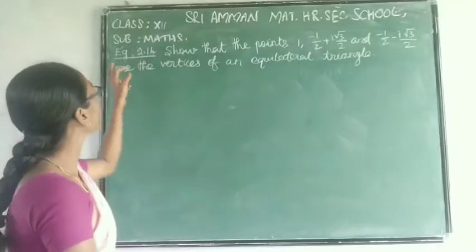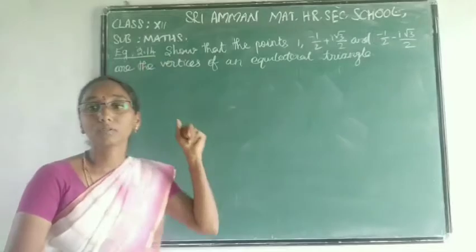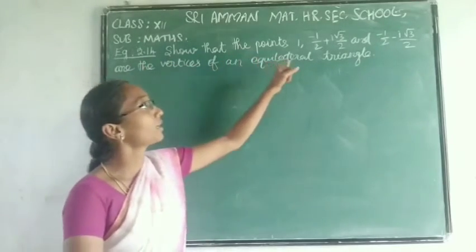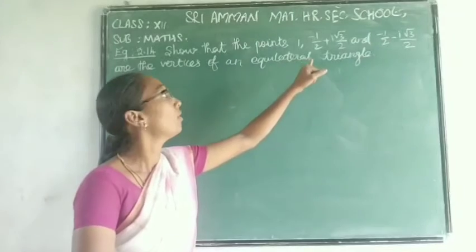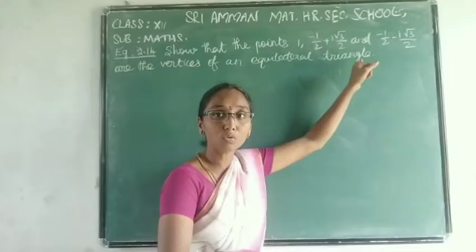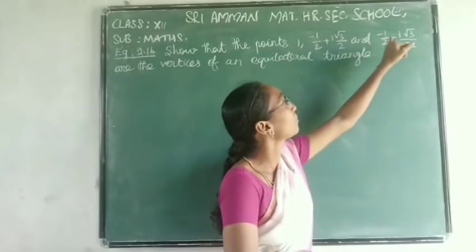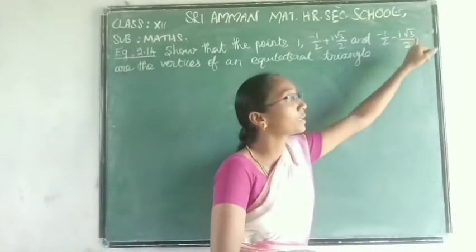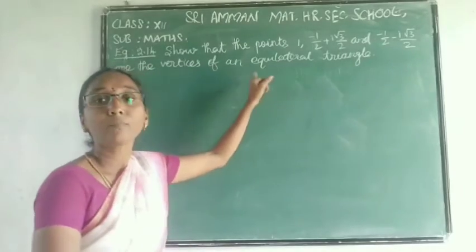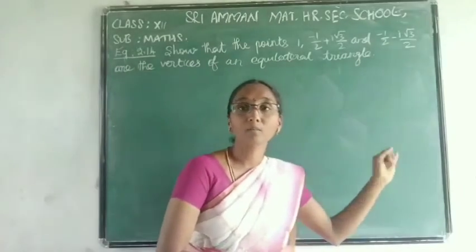Next, example 2.14. Okay, what is the question? Show that the points minus 1 by 2 plus i root 3 by 2 and minus 1 by 2 minus i root 3 by 2, and 1, are the vertices of an equilateral triangle.